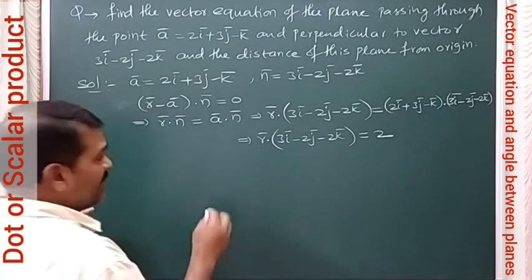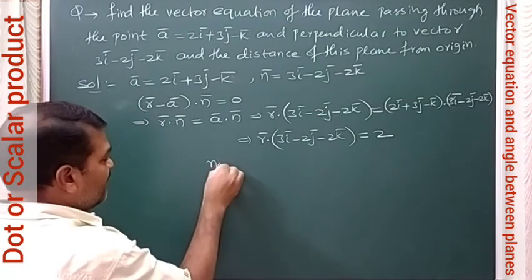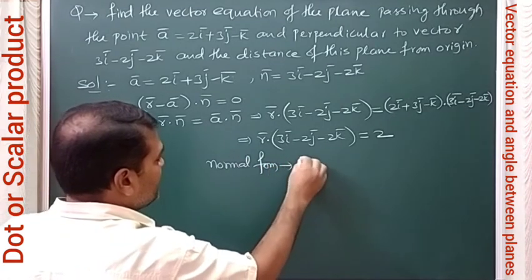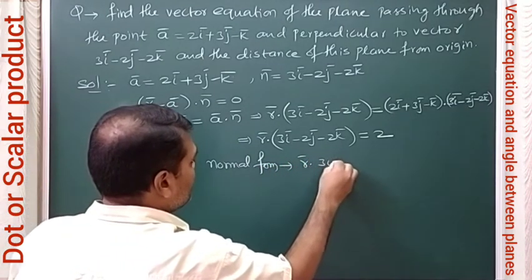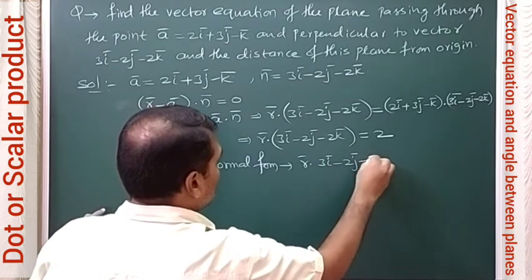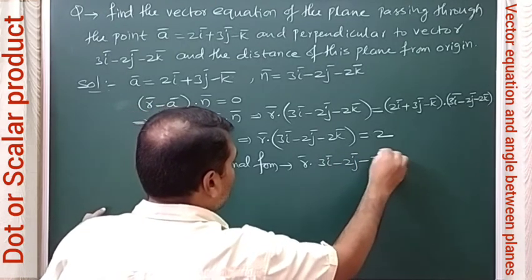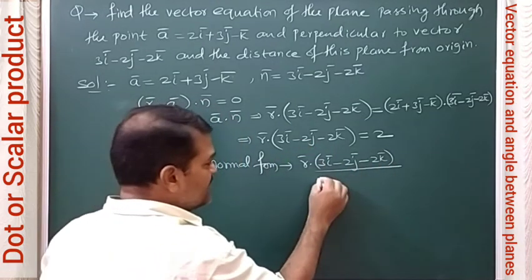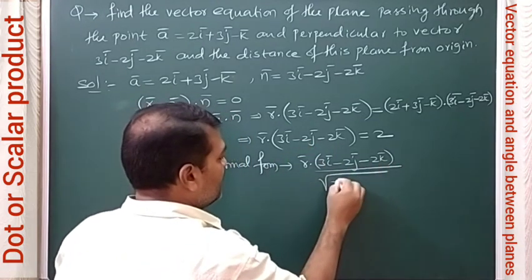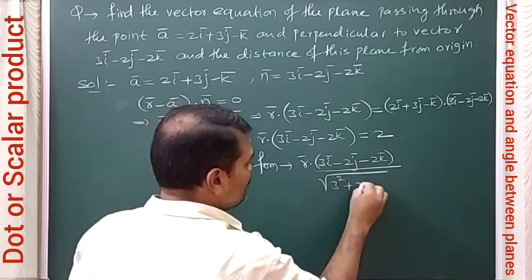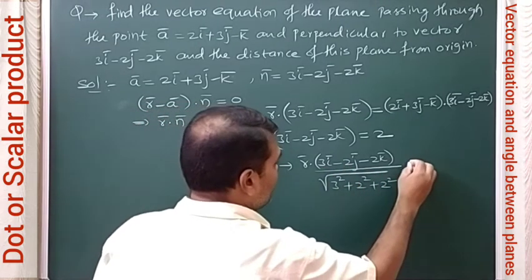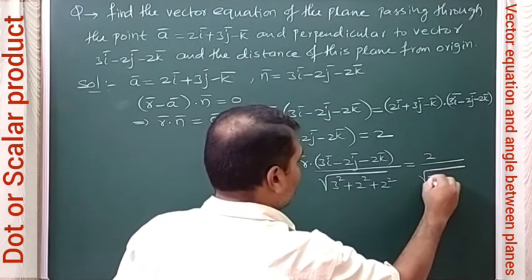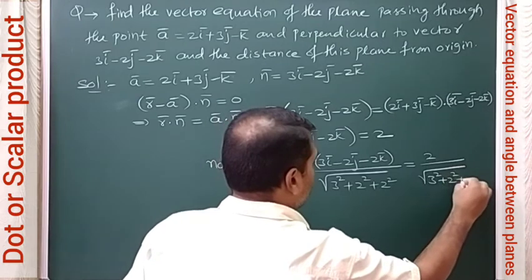So the normal form will be r bar dot (3i bar minus 2j bar minus 2k bar) divided by the modulus of n bar, which is under root 3 square plus 2 square plus 2 square. Both sides you divide by the modulus of n bar to get the normal form.